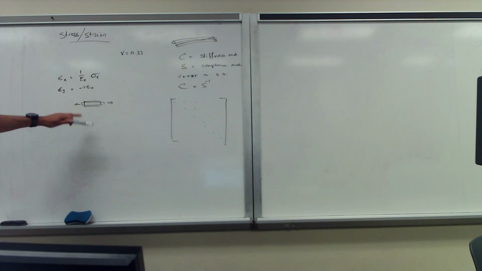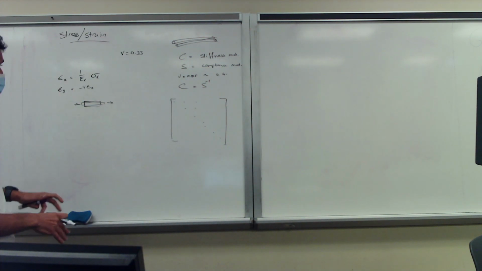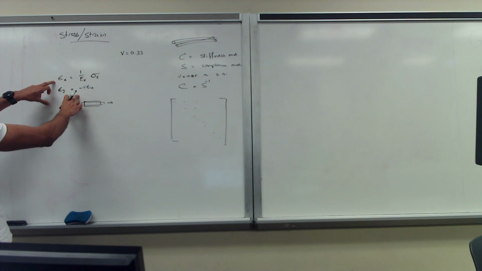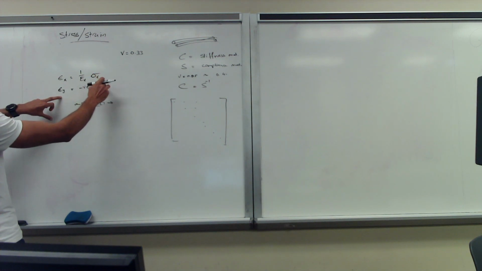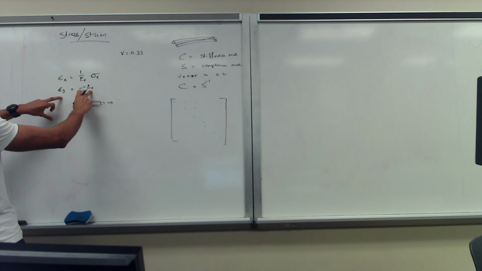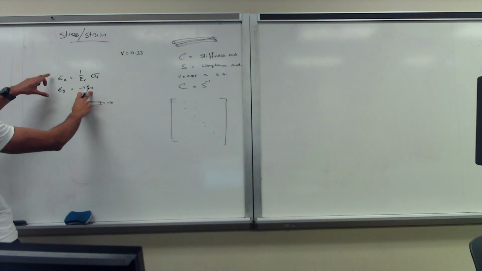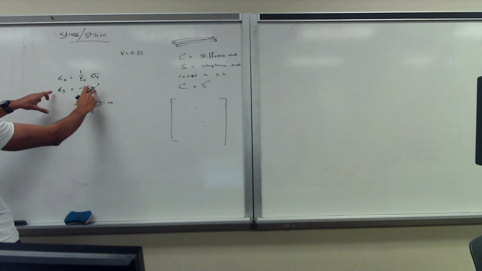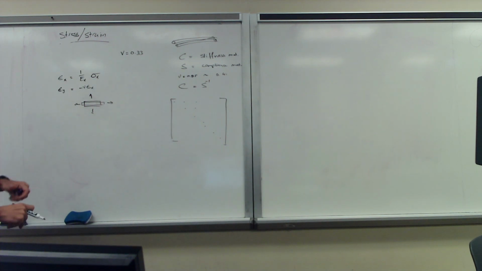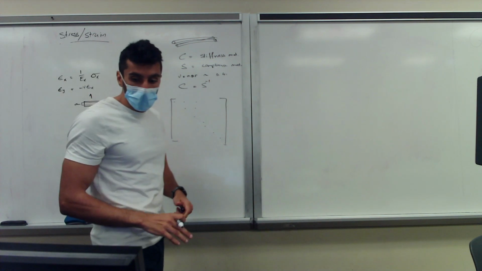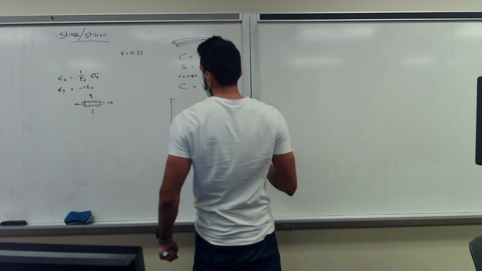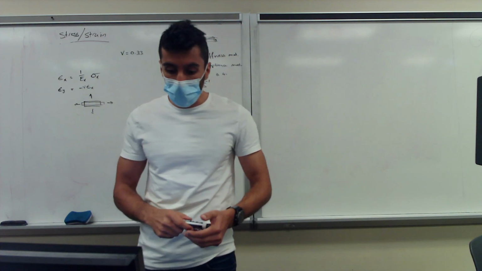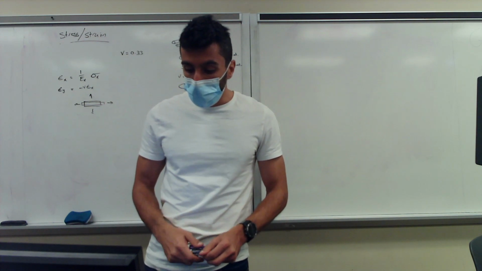Of course, we can expand this a bit. If I only have a sigma x, I get an epsilon y. If I have an epsilon y at the same time, then there will be interdependence, a coupling, and then we can come up with a generic form, which is the generalized Hooke's law, as shown here.